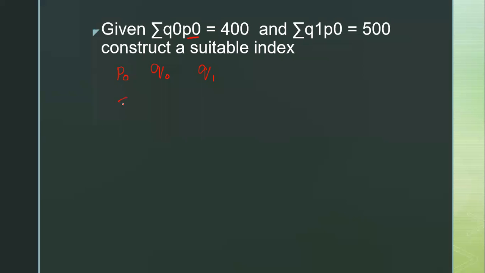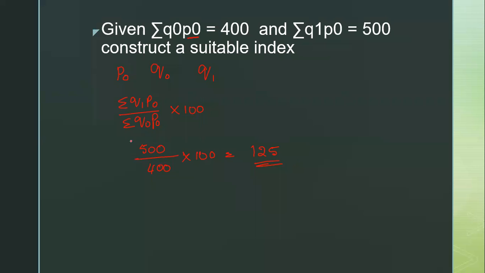Apply the formula: summation Q1 P0 divided by summation Q0 P0 into 100. What is the value? 500 divided by 400 into 100. What is the answer you get? 125. So like these problems they will give you for 2 marks or 1 mark.